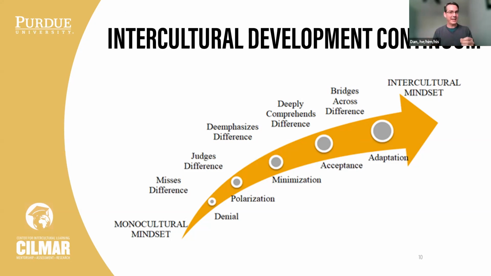What exactly am I looking at here versus what do I think is happening? Because the gap between the two is quite big, and we may be making some leaps in logic there that we need to examine. But likewise, if my students are mostly in minimization and I want to help them get to acceptance, it may just be a matter of saying, look, we can't ignore that difference.